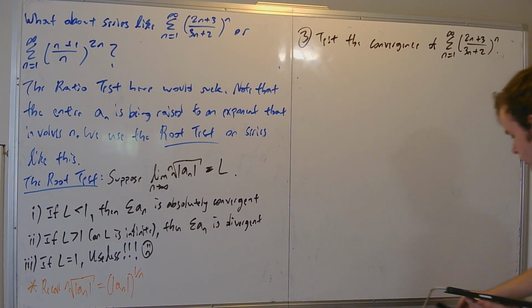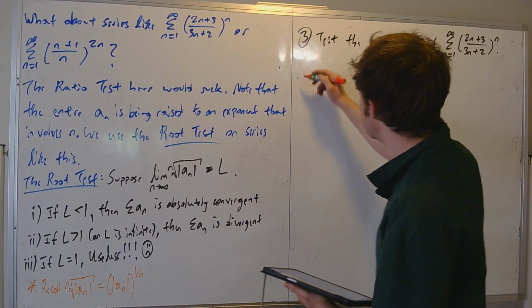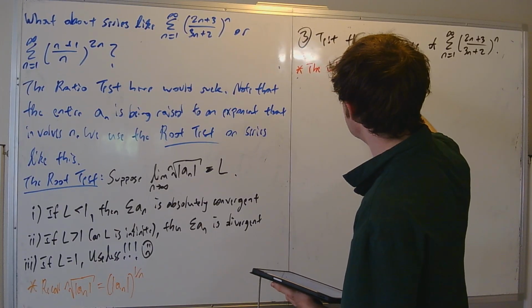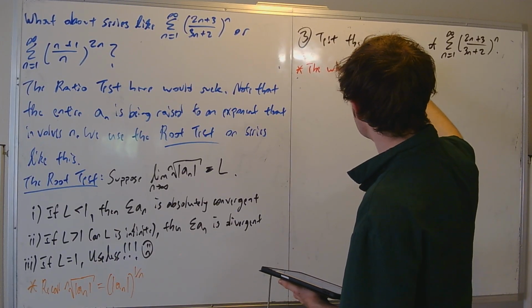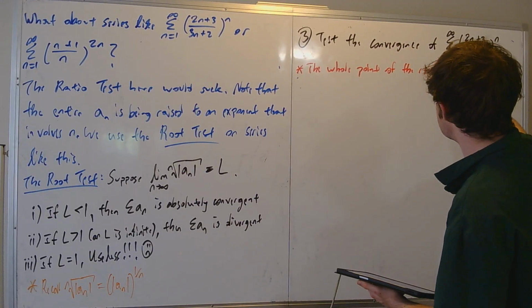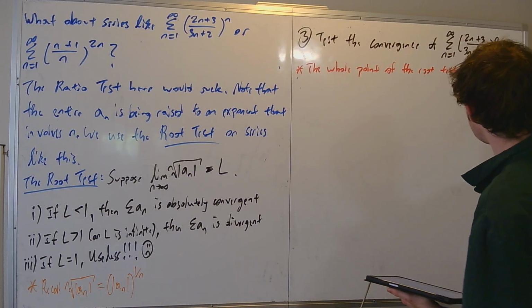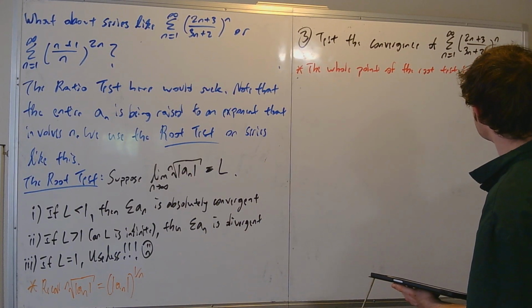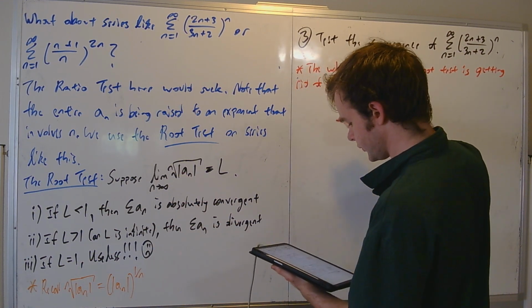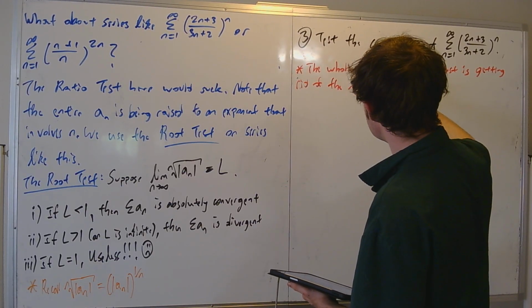Okay, so let me say here, the whole point of the root test is in getting rid of the n in the exponent.